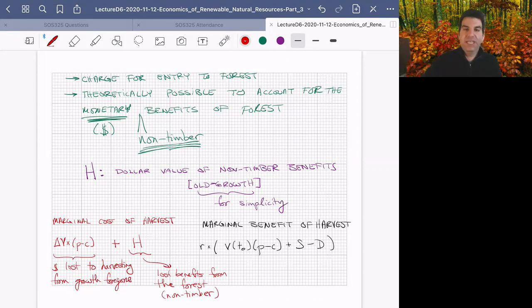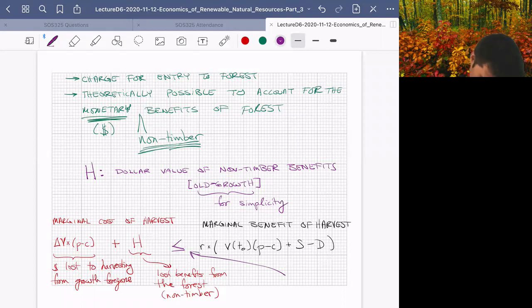So if I allow the forest to keep growing, I get to keep the H. If I cut the forest down, I kill the H. And so if I compare these two, then I basically cut or harvest when the left side is less than the right side. So this is my harvest rule.